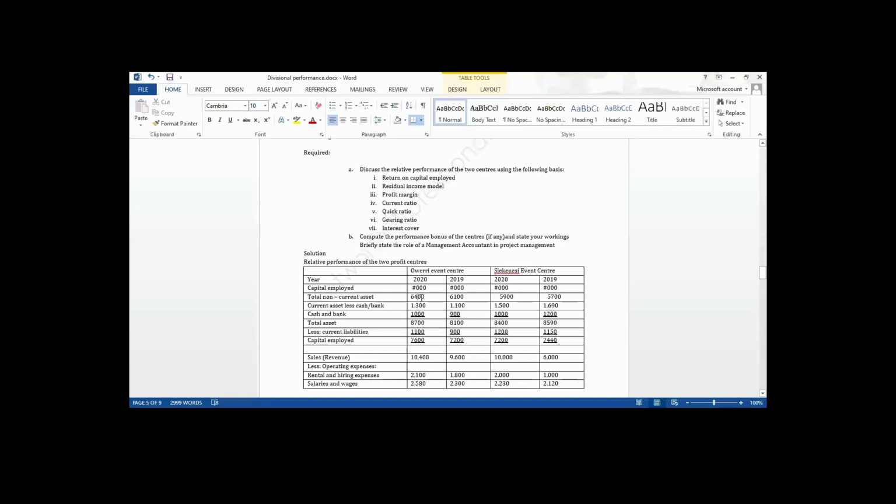Please sum up. For Owerri 2020, get your total assets. If you are doing it at home, confirm it. For Owerri 2019, get your total assets.